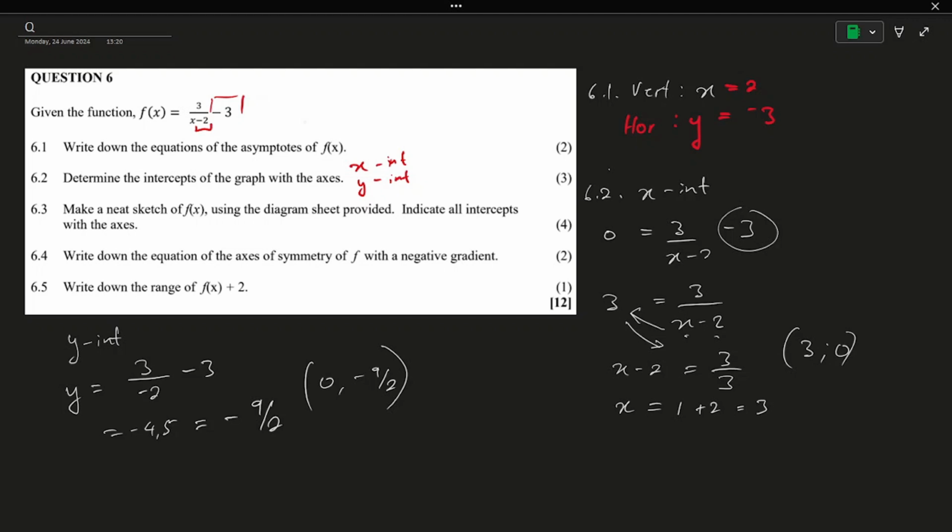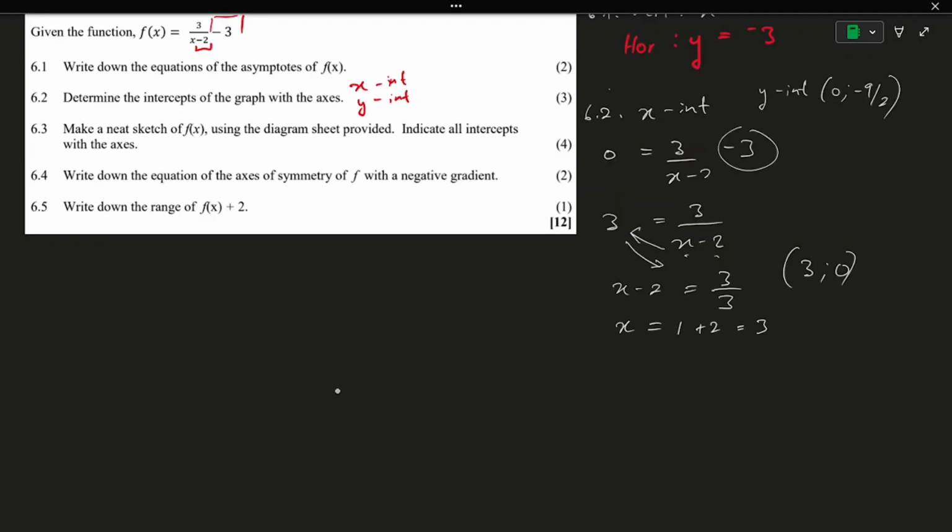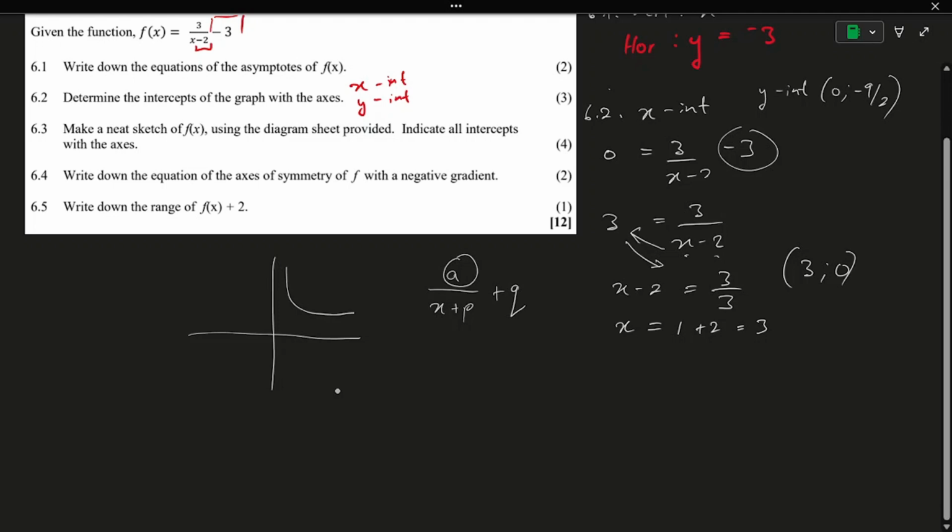So make a neat sketch. I'm just going to erase this real quick so that we can sketch. Right, so before we sketch this hyperbolic function, let's revise some of the properties of hyperbolic functions. In hyperbolic functions, if a is positive, in this case a over x plus p, plus q, it means our function should be found in the first and third quadrants, and if it's negative, then it should be in the second and the fourth.